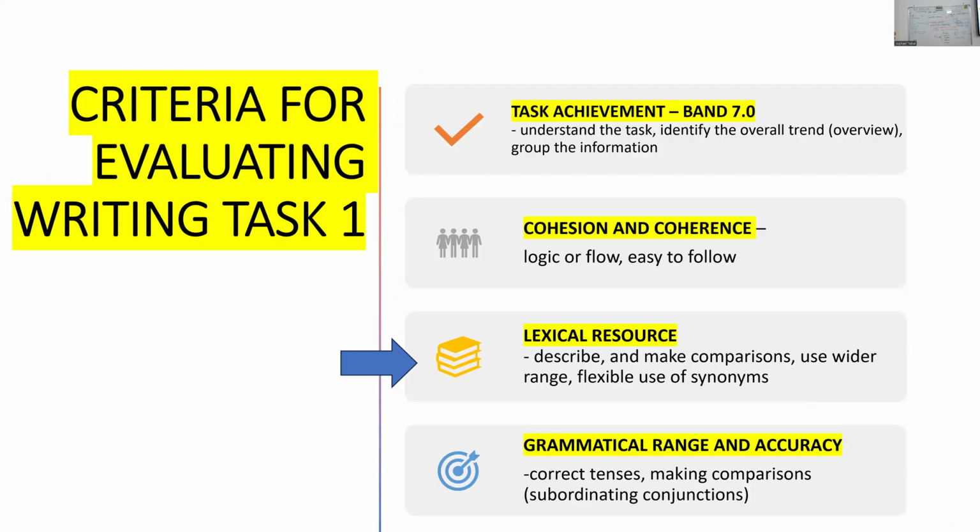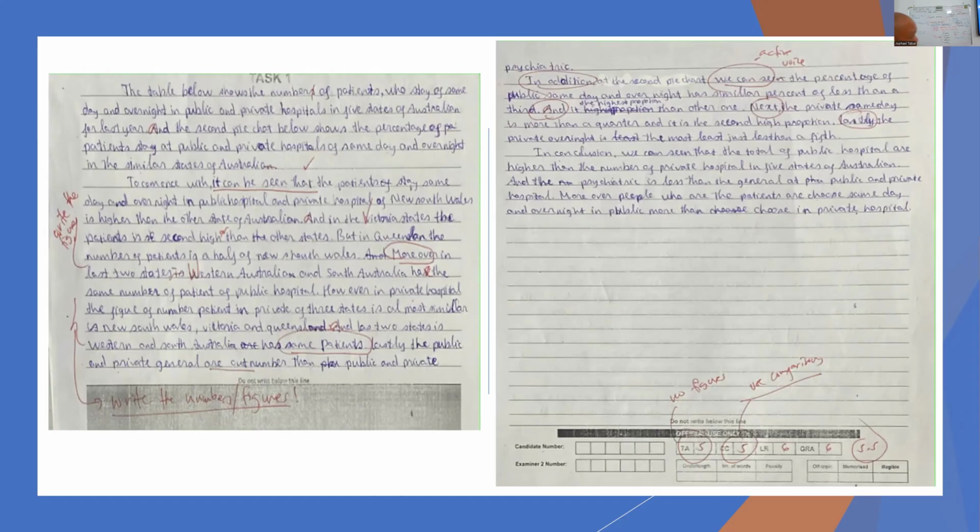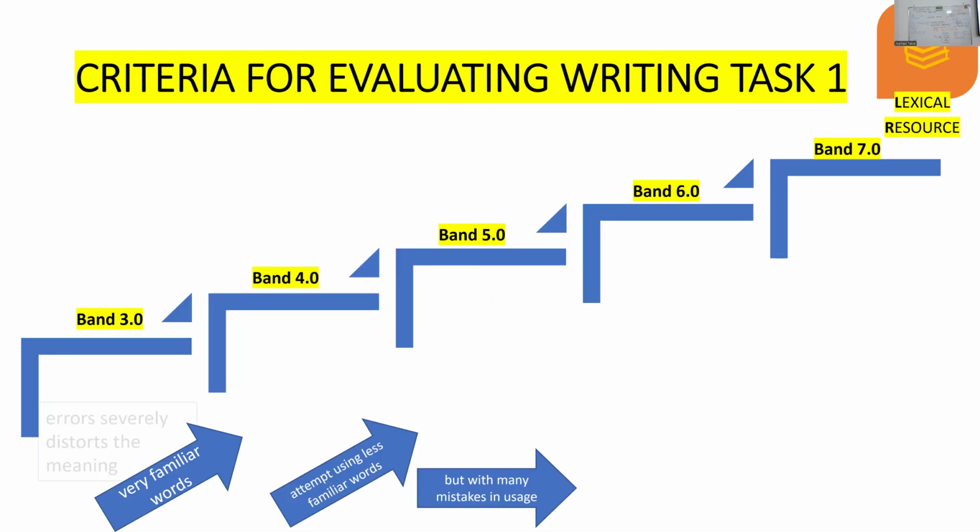Okay, so if you check here lexical resource, it says describe and make comparisons and use a wider range of vocabulary. Now we check the student's score for lexical resource. That's a score of 6 for LR. So the candidate got a score of 6 for lexical resource, and we will check how the student got a score of 6.